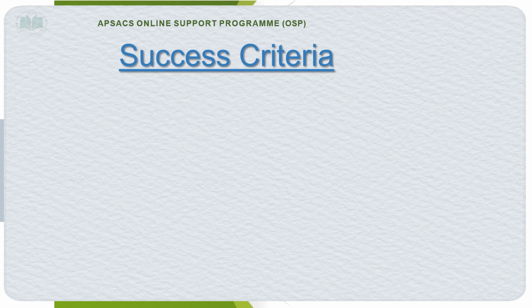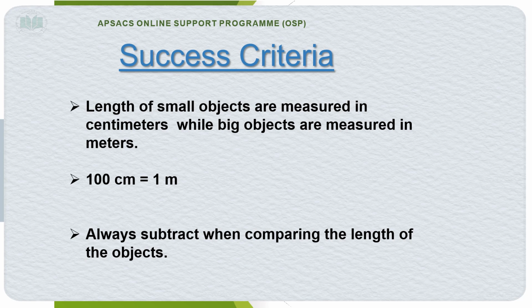Success criteria: length of small objects are measured in centimeters while big objects are measured in meters. 100 centimeters is equal to 1 meter and we always subtract when we are comparing the length of the objects.